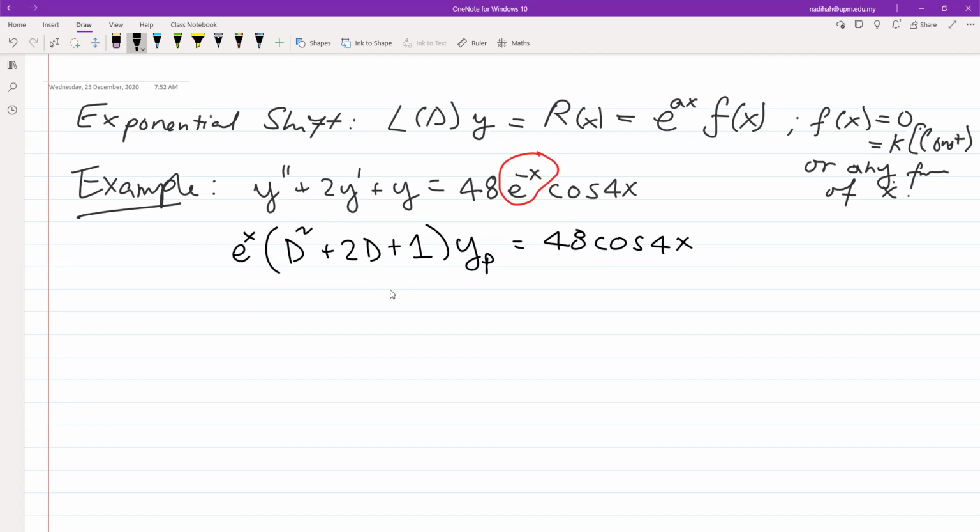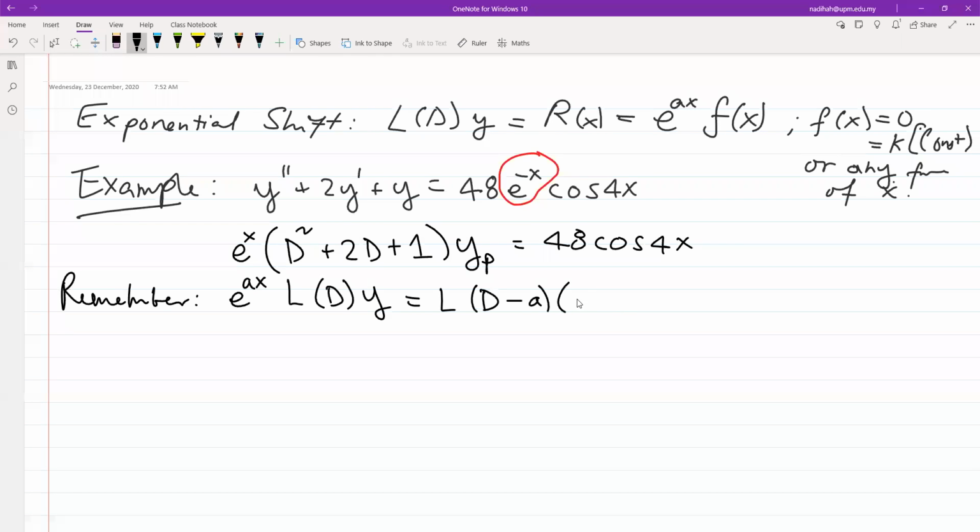Okay, let me repeat in case somebody forgot. Remember that for exponential shift, if we have exponential of a for any number a, the linear operator on y equals the linear operator of D minus a, times exponential, acting on y.